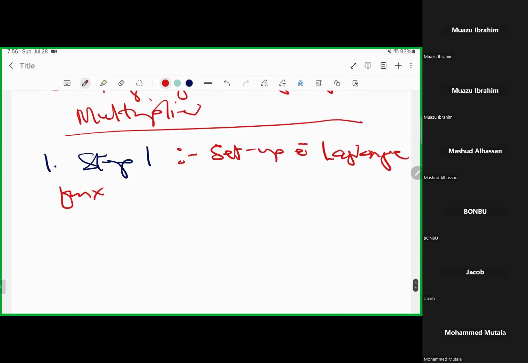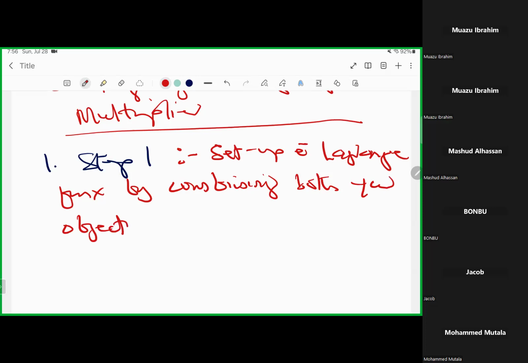And how do you set up the Lagrangian function? You set it up by combining both your objective function and your budget constraint function, which means that you need to bring the two together.